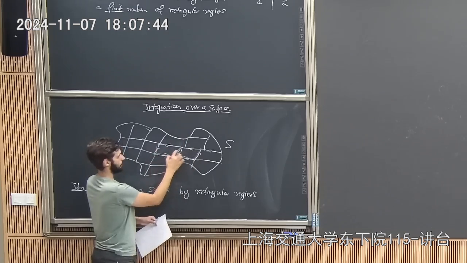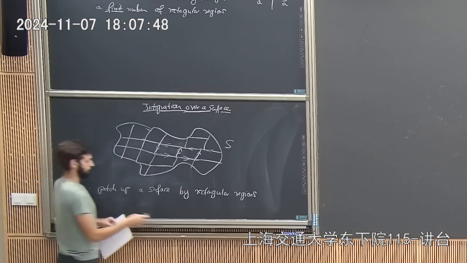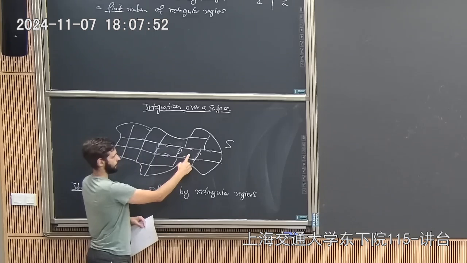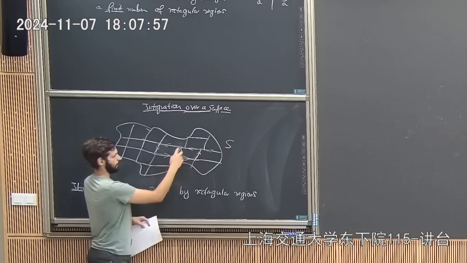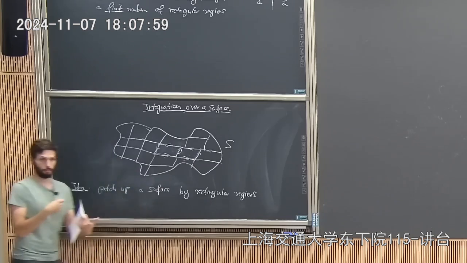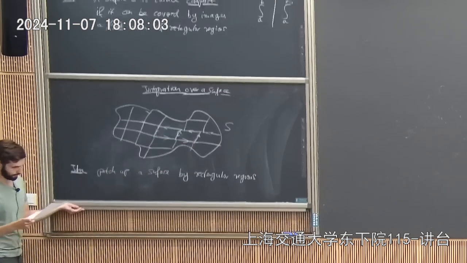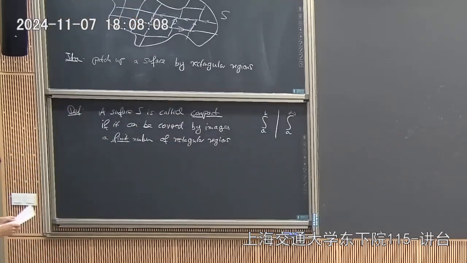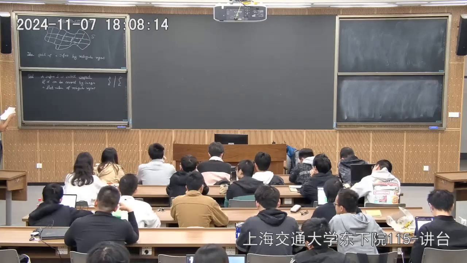So I need to make sure that the orientations of these edges are opposite to each other. So that if I, for example, have an exact form and I integrate it over the blue thing, then I get the contribution on the edges. And if I make sure that the edges are oriented in opposite ways, then this contribution will cancel. So that's one way that I have to address this. There's something that needs to be addressed, and it is related to this orientation.